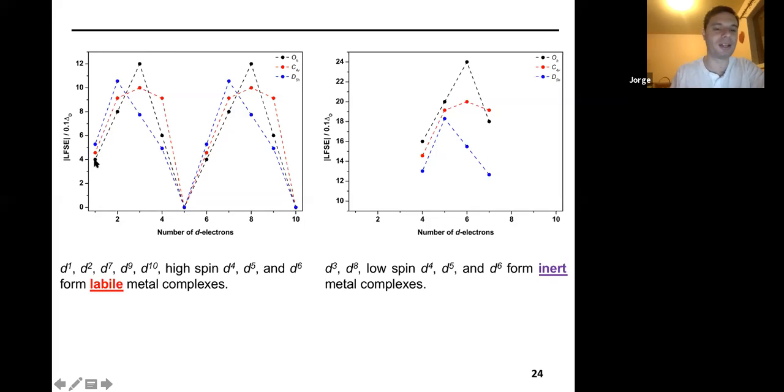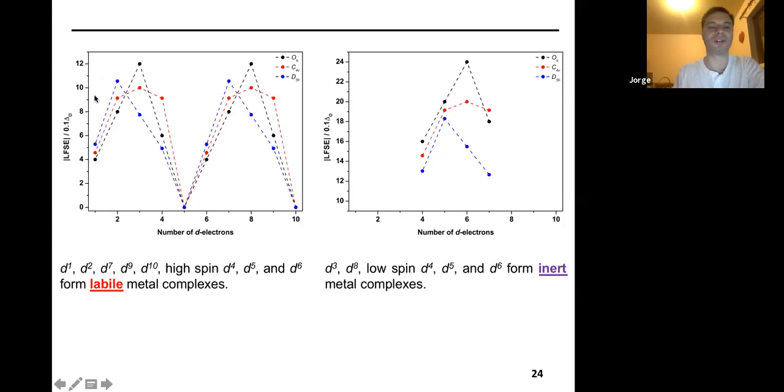So you can see here that for D1, the C4V and D5H configurations have a higher ligand field stabilization energy. Same thing for D2. However, when we move to D3, the octahedral configuration will have higher ligand field stabilization energy than the other two possibilities. Therefore, D3 is inert.